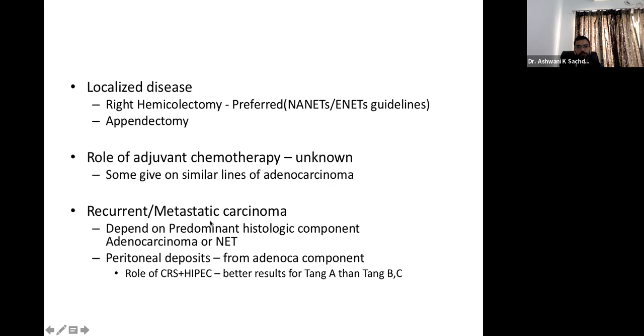For recurrent metastatic carcinoma, treatment depends on the predominant histological component, whether it is adenocarcinoma or neuroendocrine. Okay. If there are peritoneal deposits from the adenocarcinoma component, then there comes the role of cytoreductive surgery with HIPEC, and better results are for well differentiated Tang A than for Tang B and C.